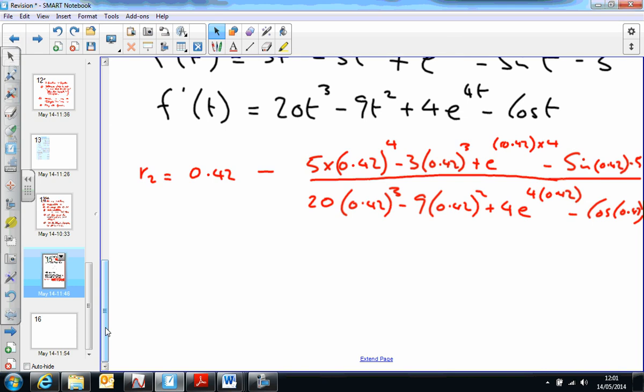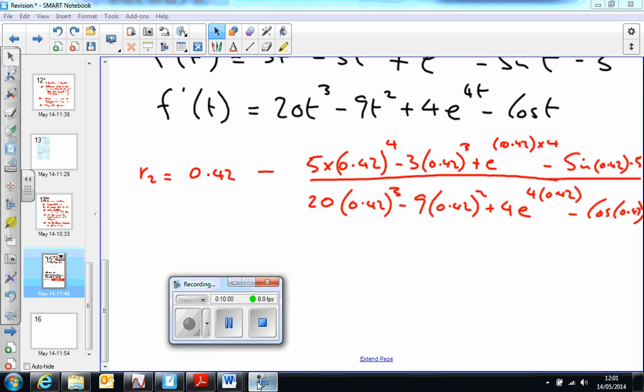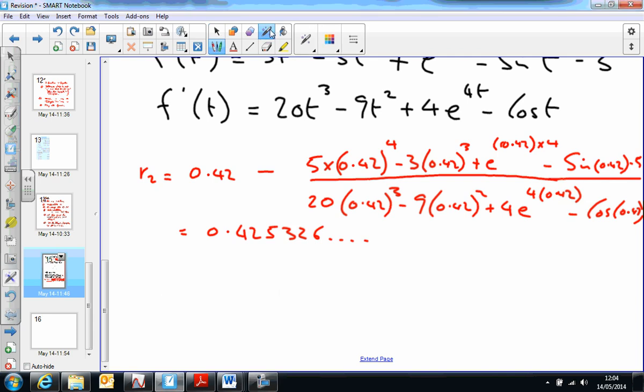And now I type that into my calculator, so just pause this while you do that. Okay, so that's what I put in. I'm not sure whether or not you need the times outside the bracket, maybe not, but I'll possibly put that in. It's not essential to put the bracket in, you could just put times 0.42 and then cubed.